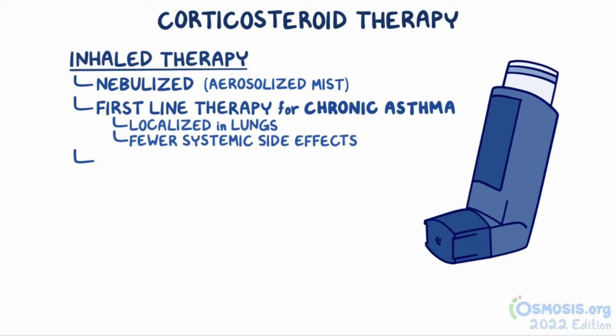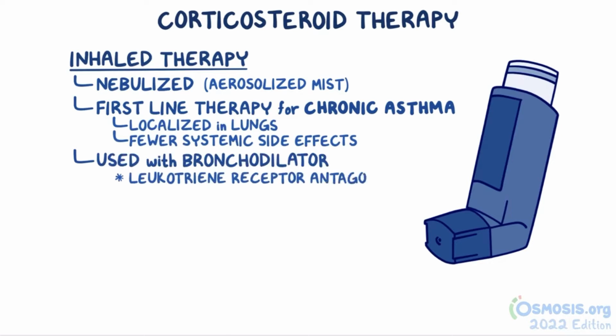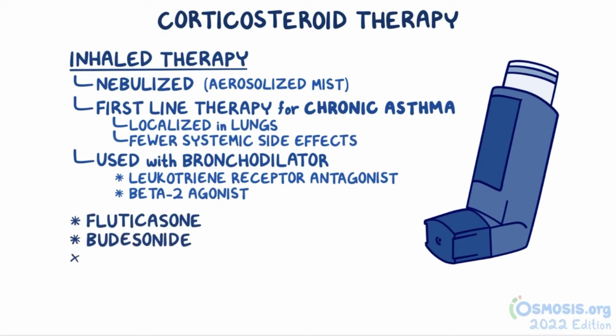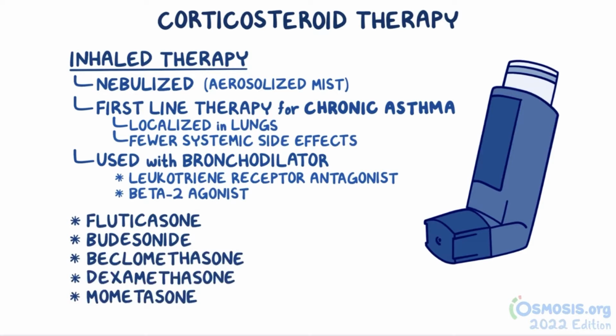Inhaled corticosteroids are often used alongside a bronchodilator like a leukotriene receptor antagonist or a beta-2 agonist to control the disease more effectively. Fluticasone, budesonide, beclomethasone, dexamethasone, and mometasone are some of the commonly used inhaled glucocorticoids. Among them, dexamethasone and fluticasone are the longer-acting and more potent medications.